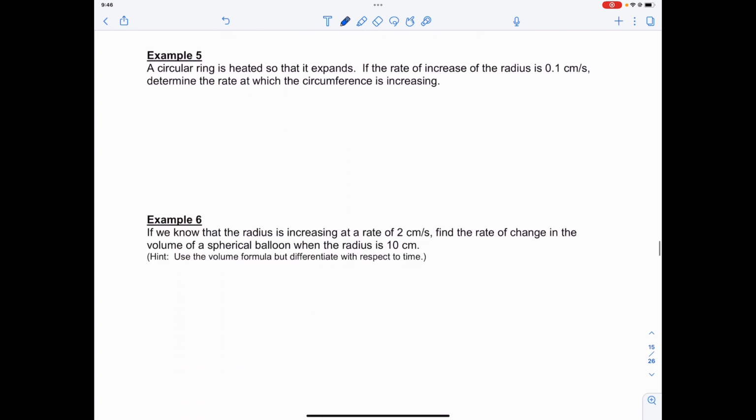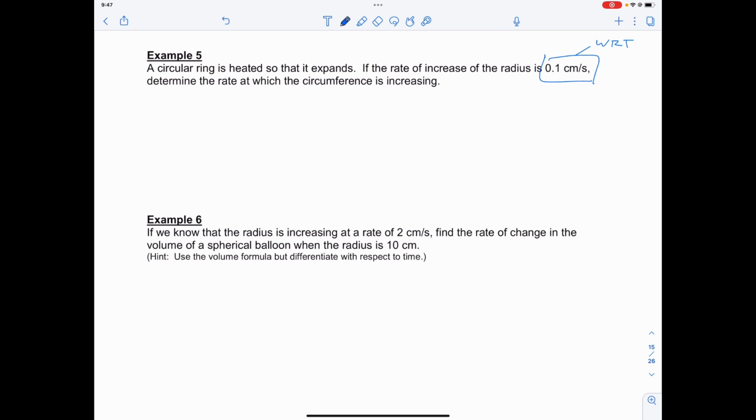All right, let's see how that works in practice, taking a look at example 5. A circular ring is heated so that it expands. If the rate of increase of the radius is 0.1 centimeters per second, so that's the rate relationship with respect to time, determine the rate at which the circumference is increasing.